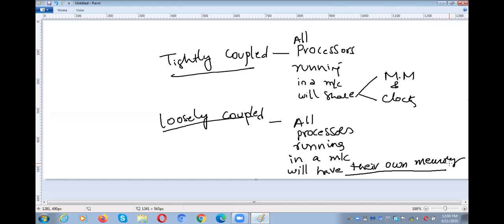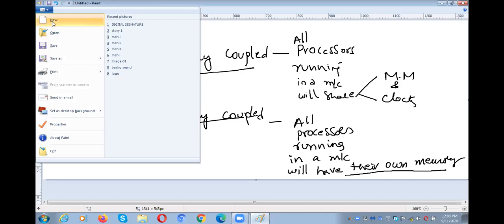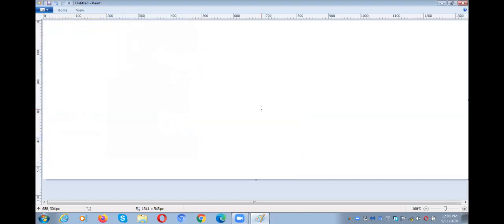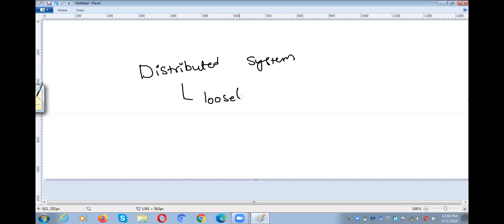And the next point is, what is the best example of loosely coupled? Another variety of operating system is the distributed system. So what is a distributed system? A distributed system is a loosely coupled system.